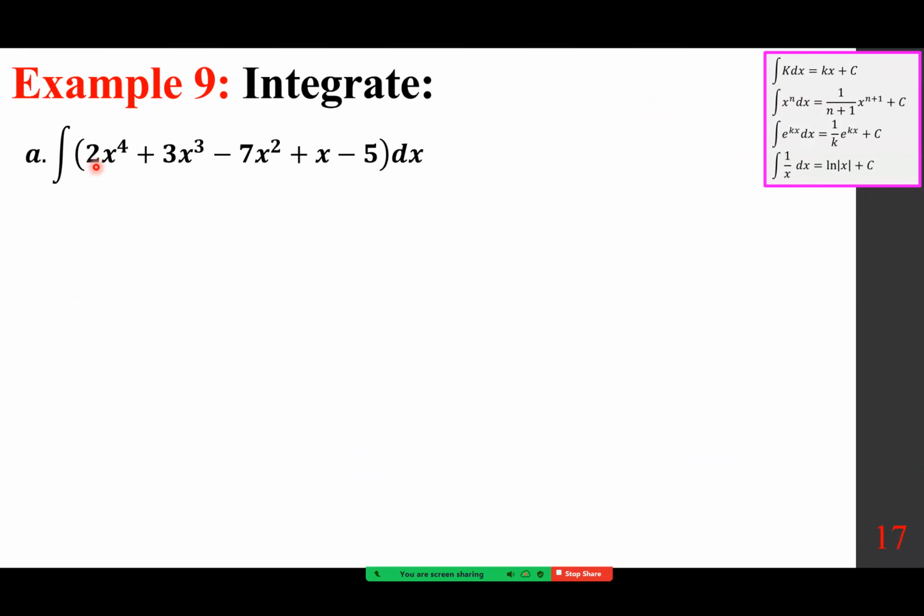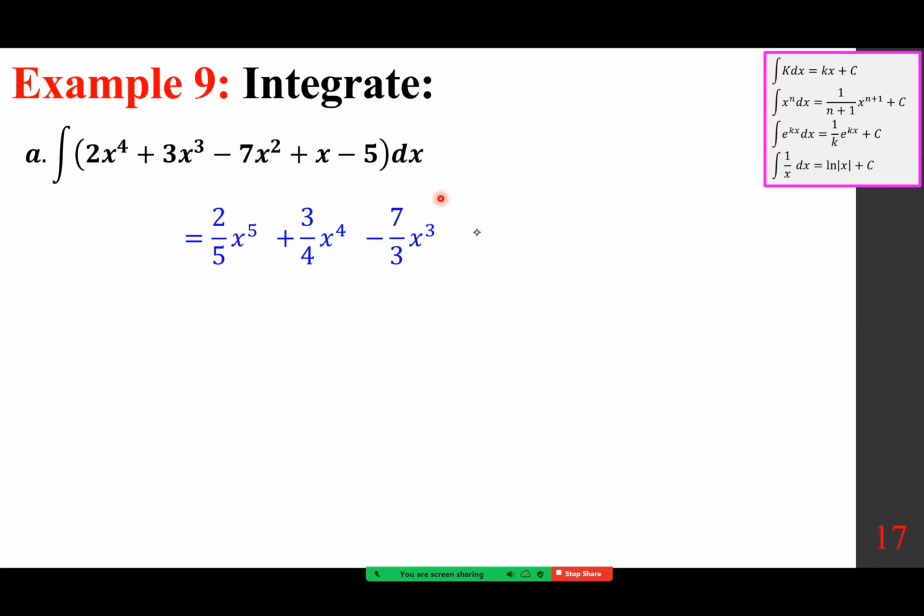So this one would be 2 divided by 4 plus 1. 2 divided by 5, x to the power of 5. 3 divided by 4, x to the power of 4. Minus 7. 2 plus 1 makes it 3. Minus 7 thirds, x cubed.